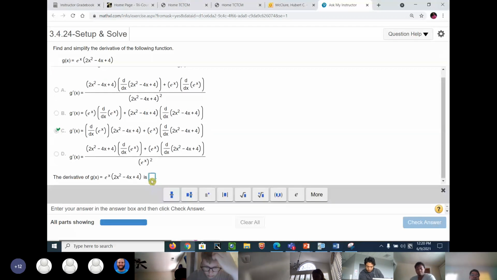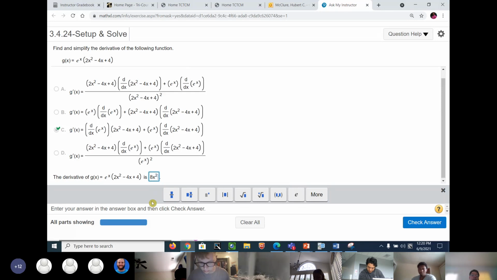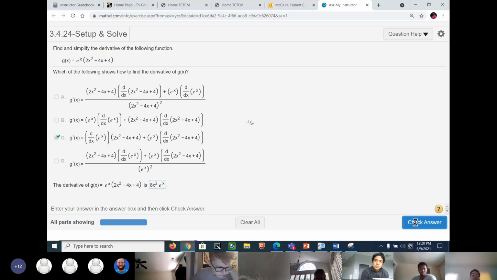And right here should be 8x squared e to the x. And you should feel good about yourself. Oh no, they might just want you to write the whole thing.